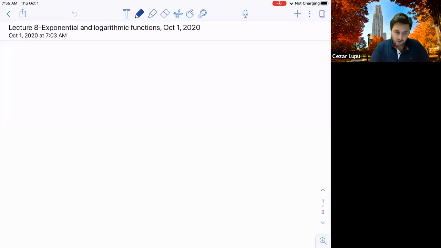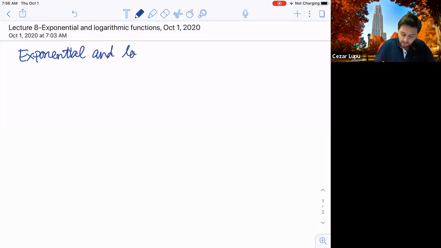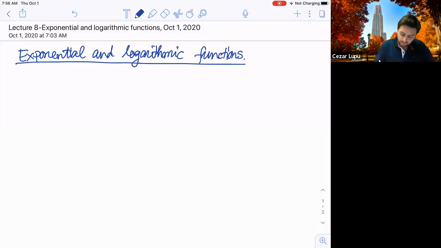Okay, let's get started. So we'll talk about exponential and logarithmic functions. All right, let's start with the first one.